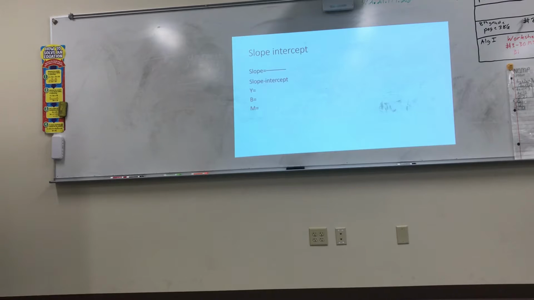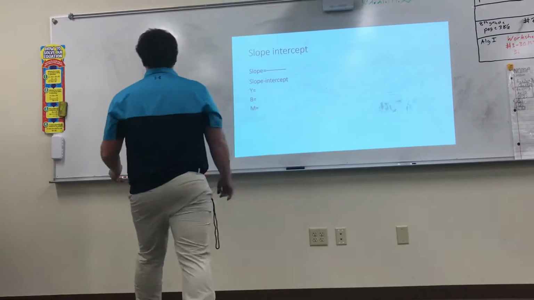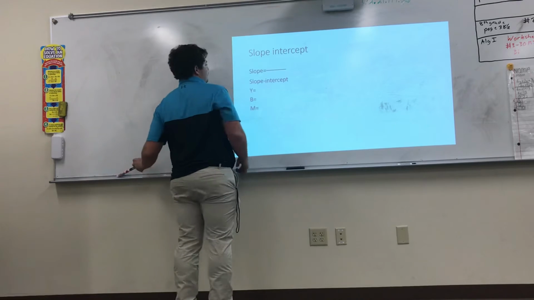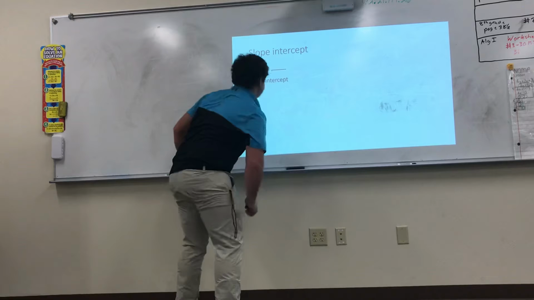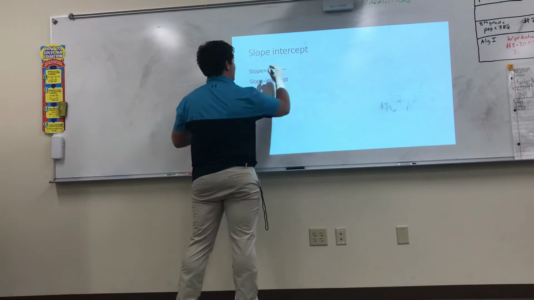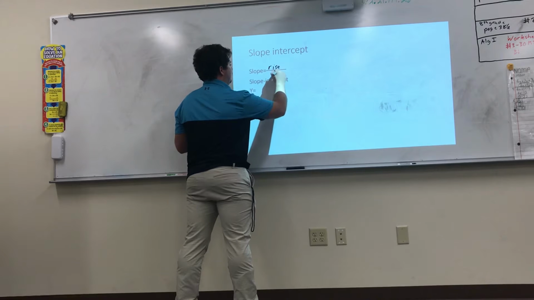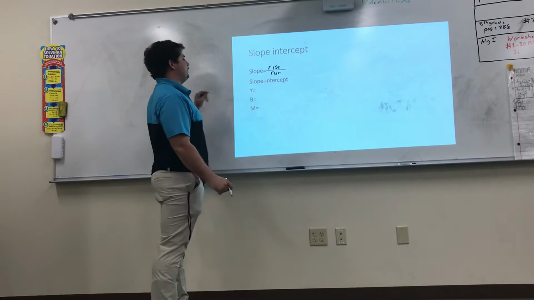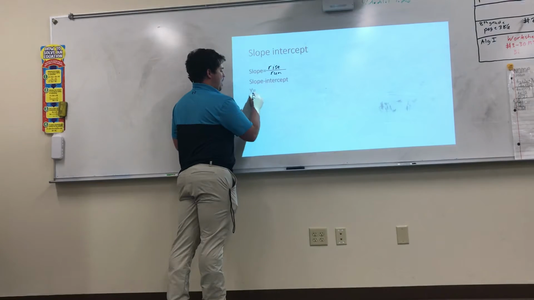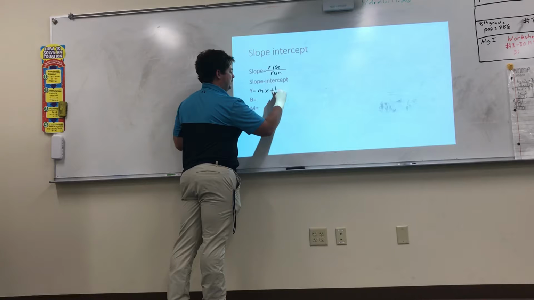Alright, slope. Slope is always defined as rise over run. Slope-intercept form is always written as y equals mx plus b.